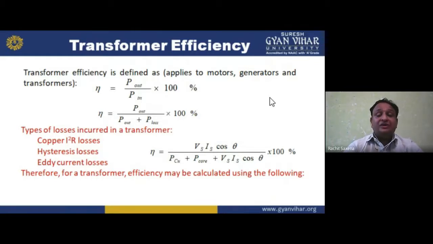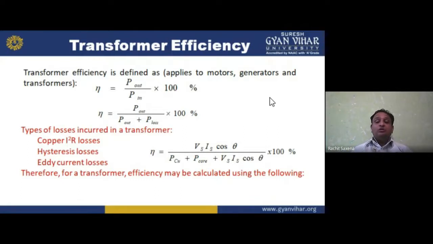So P_Cu we can identify from the short circuit, P_core we can identify from the open circuit, and that is the separation of losses. We can easily separate these losses with the help of open circuit and short circuit, and another test that we are going to study later on, that is the back to back test. So P_Cu plus P_core plus V2 I2 cos theta.